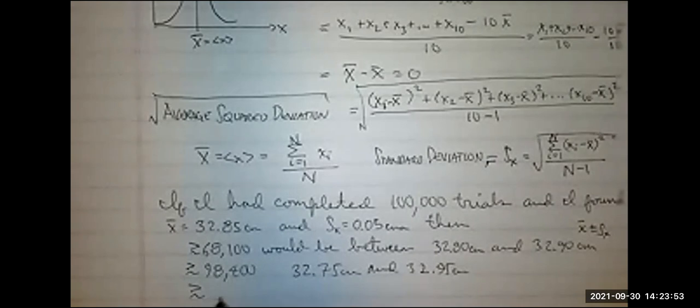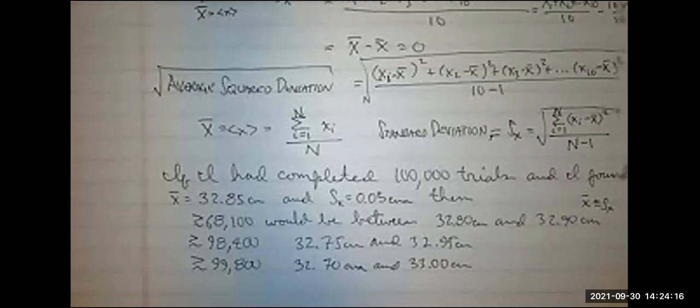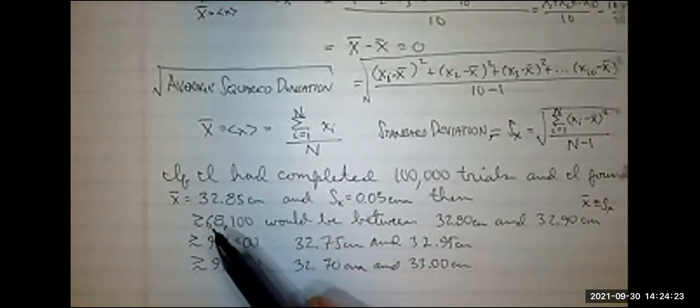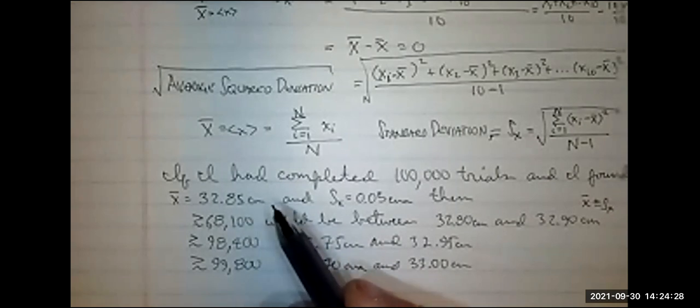And in fact, approximately 99,800 would be between 32.70 centimeters and 33.00 centimeters. Okay, so that's really what the standard deviation brings to you. It brings you 68.1% of the data, whereas the standard error brings you 68,100% of the results.